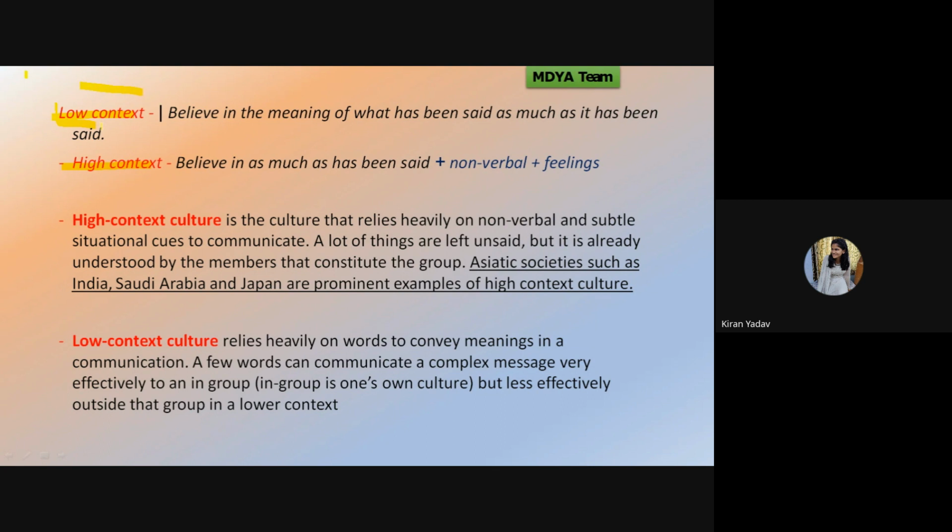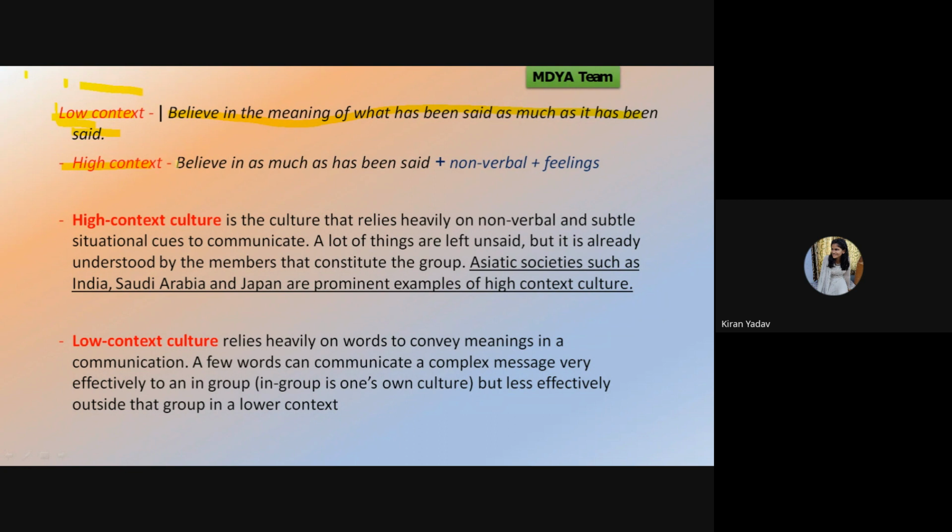People use direct language to express their thoughts and opinions, and low context believes in the meaning of what has been said as much as it has been said. So just the words. It doesn't have any deeper or subtle meaning.